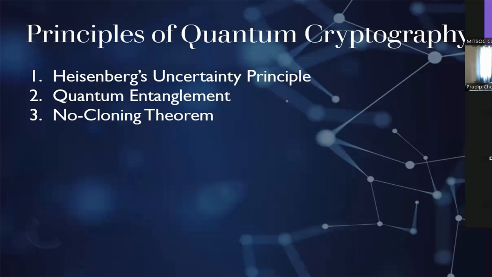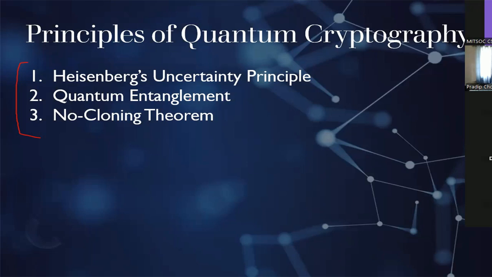As in traditional cryptography, we use symmetric key and public key methods to secure our communication. In quantum cryptography, we use some principles, and based on these principles, we can provide a path to secure the information or the message.